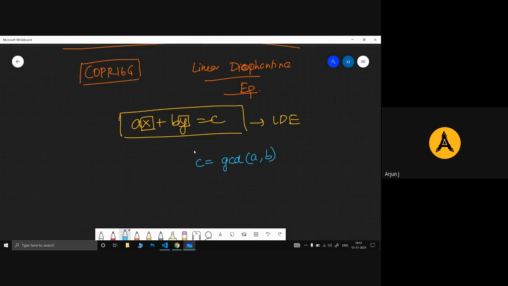So if you are given an equation like ax plus by equals 1, then you can confidently say that a solution exists to this equation only when the GCD of a comma b is equal to 1. That is, only when a comma b are coprime numbers.